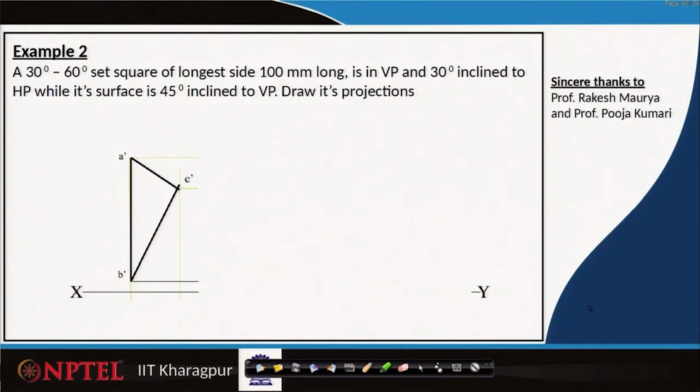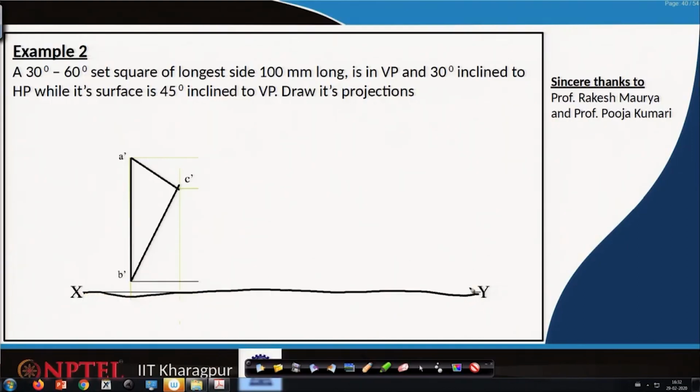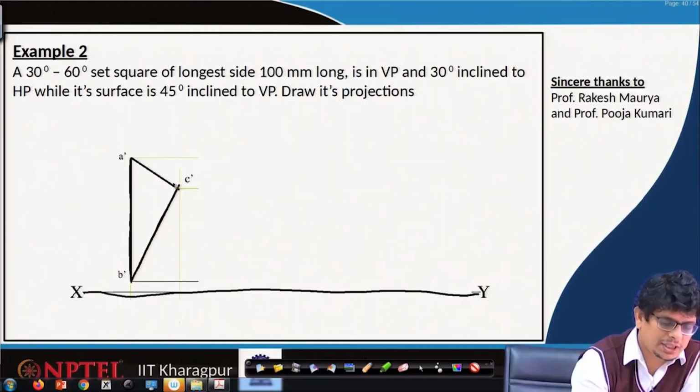For this purpose, what we are trying to do is draw an xy line, and in the vertical plane, the entire set square, the longest line. We first construct that one.